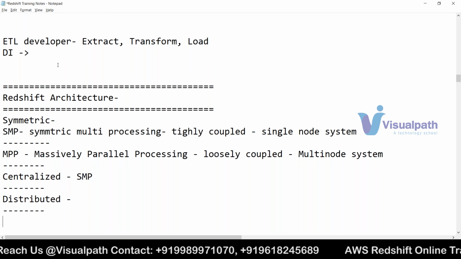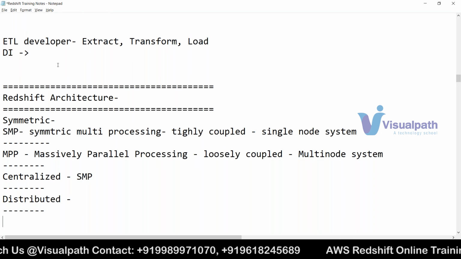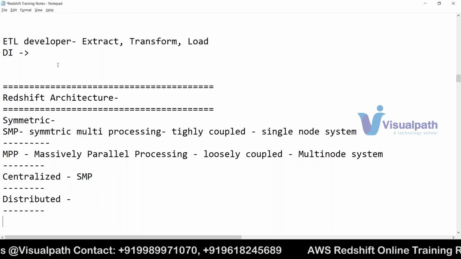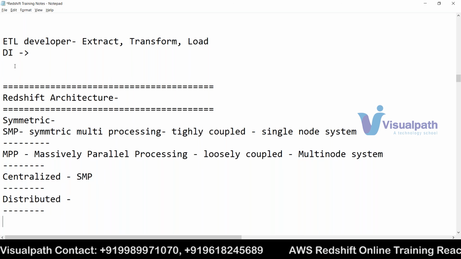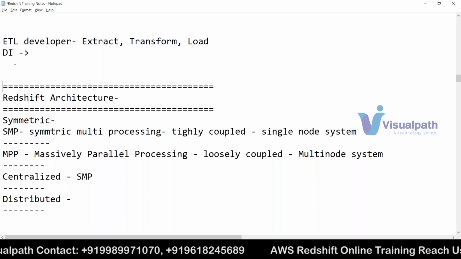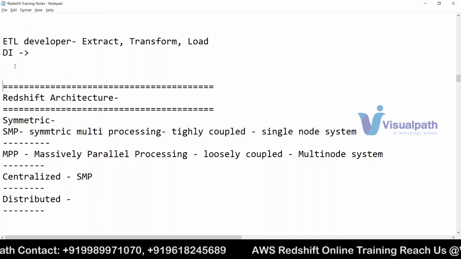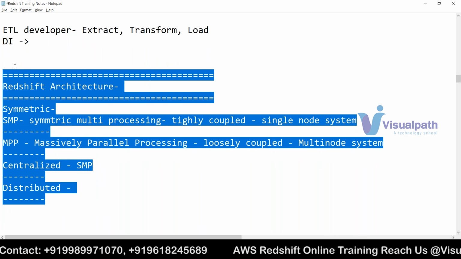Whatever I'm telling now is additional, to know what is going on in IT. Yes, I agree. Tomorrow, in the second half, we will start Redshift architecture.